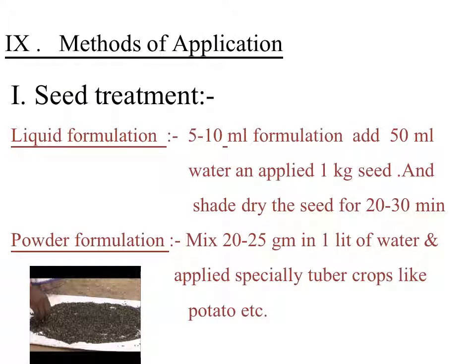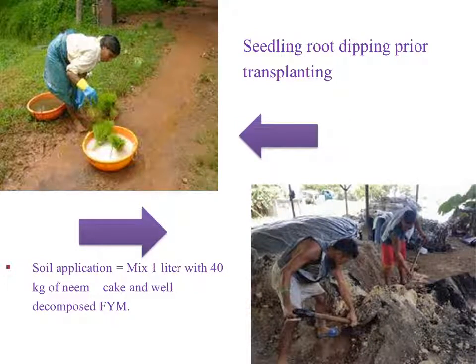The method of application, as discussed earlier, we can give through seed treatment. Even some powder can be mixed with tuber crops like potato. We can give the seed treatment to prevent soil borne diseases or seed borne diseases. Root treatment can be given before transplanting to ensure disease-free seedlings or to avoid disease attack just after transplanting.